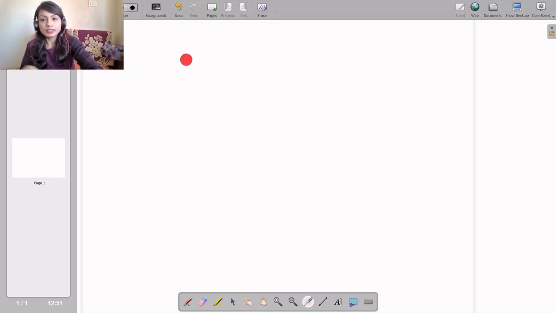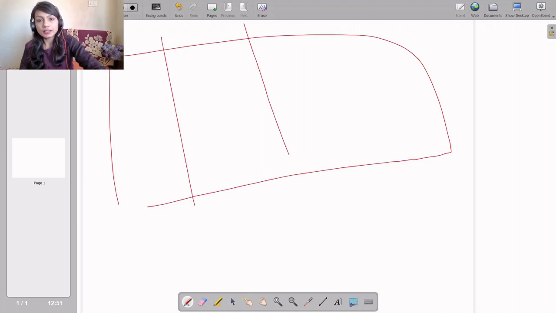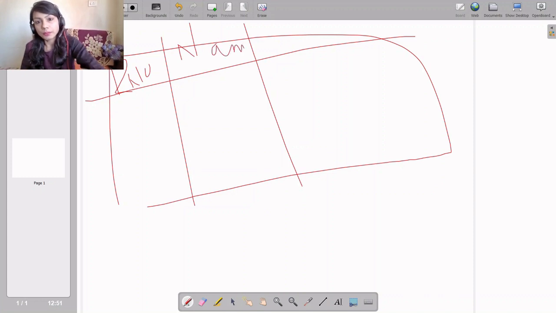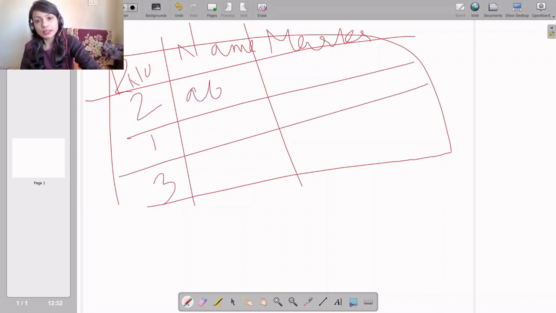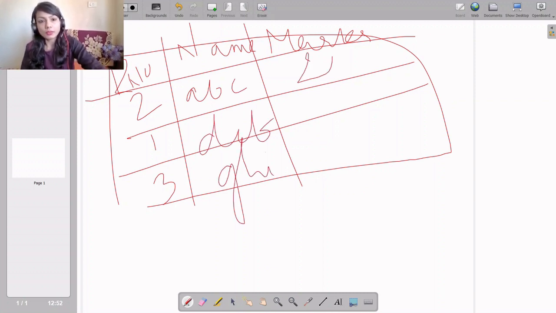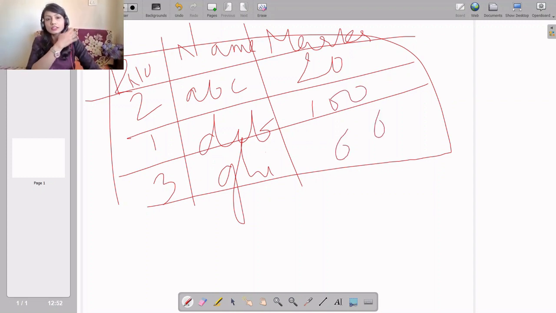Assume we have roll number, student name and marks. We'll take roll numbers 1, 2, 3, names DEF, ABC, GHI, and marks 100, 20 and 60. So how to sort it?